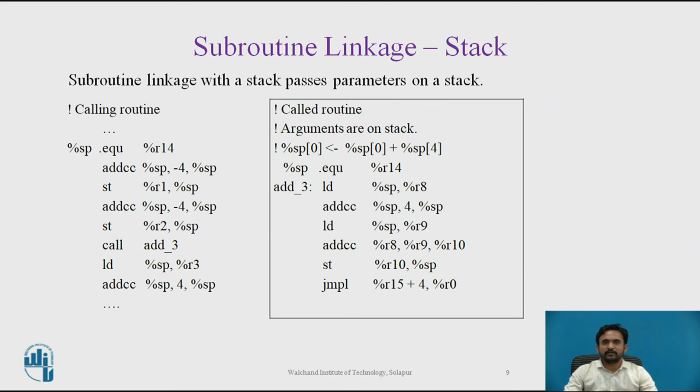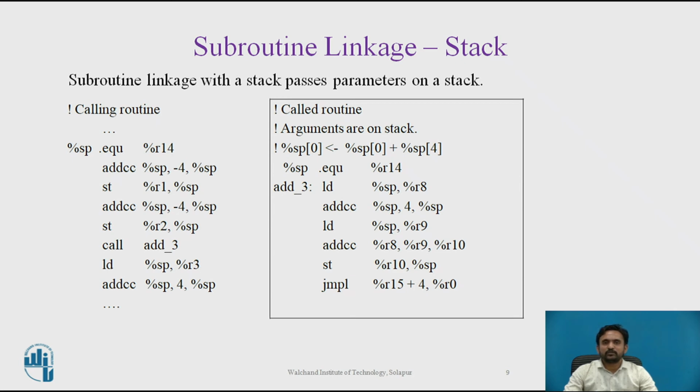Next, subroutine linkage using a stack. This is the third calling convention, which uses a stack. The general idea is that the calling routine pushes all of its arguments onto a last in first out stack. The called routine then pops the passed arguments.